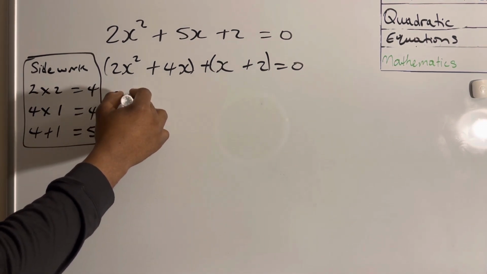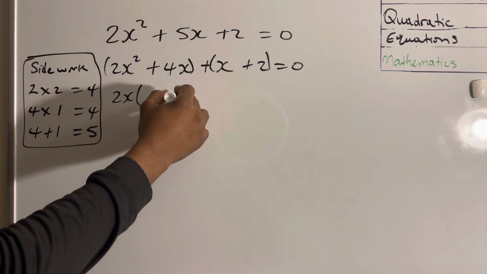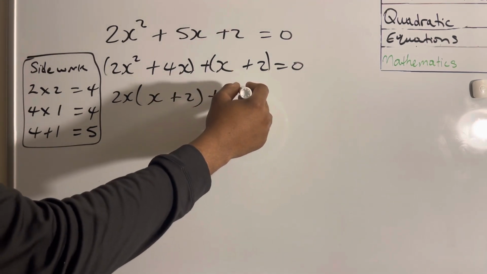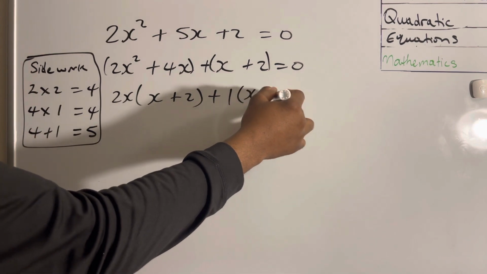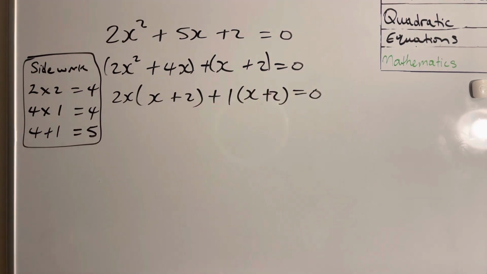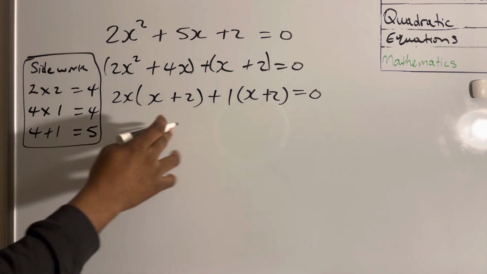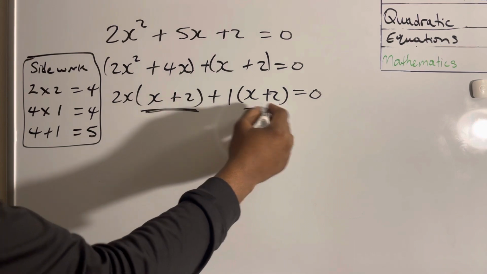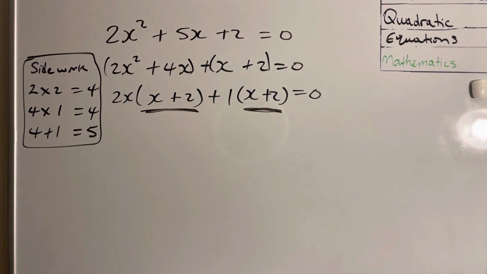Now 2x is common to both terms, plus 1, equals 0. At this step, always note that this bracket and this bracket should always be the same. If they are not the same, that means you're on the wrong track.